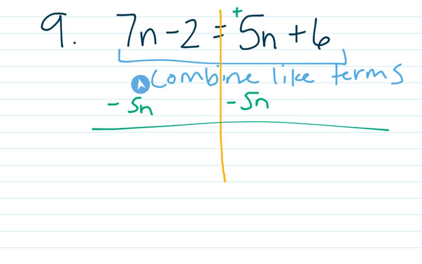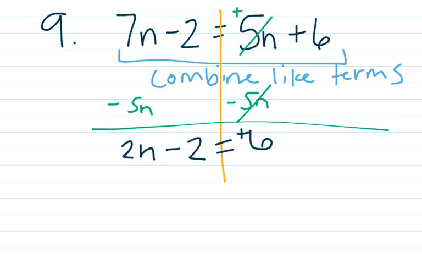And so 7n minus 5n results in 2n. The positive 5n and the negative 5n are going to cancel. And so we still have a negative 2 on this side and a 6, which we could write as positive 6, but let's just keep it as 6.